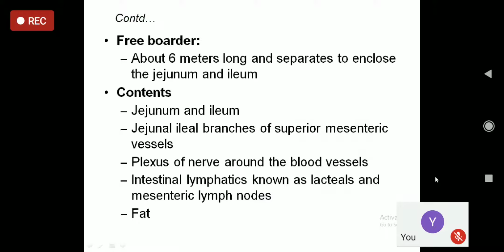The free border is about 6 meters long and separates to enclose the jejunum and ileum. So the major part of the small intestine is enclosed by the mesentery.